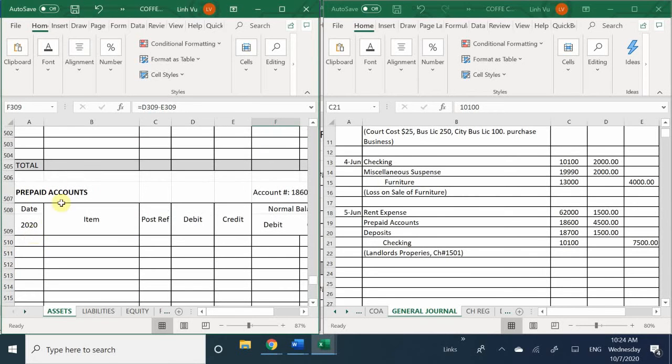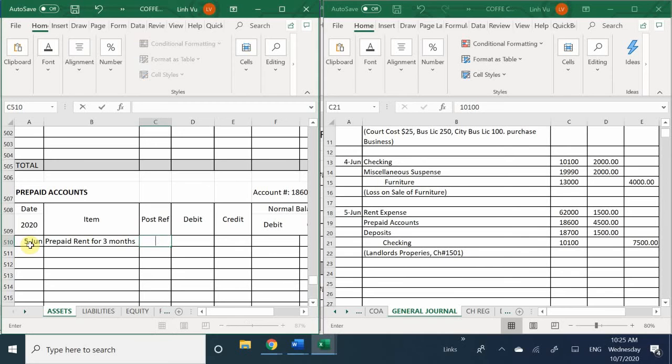So here, prepaid accounts. I'm going to write in the date, and for my prepaid account I'm going to write prepaid rent for 3 months, because that's exactly how much the prepaid rent is for.